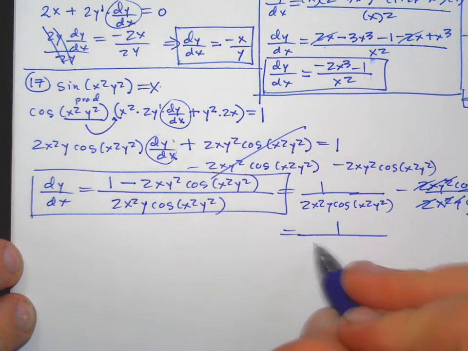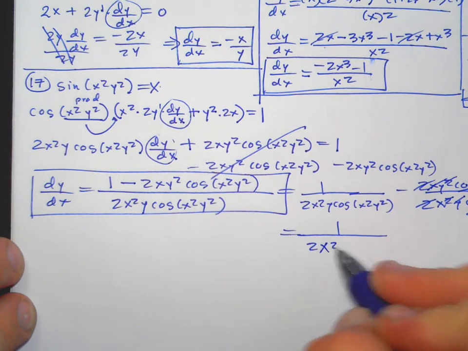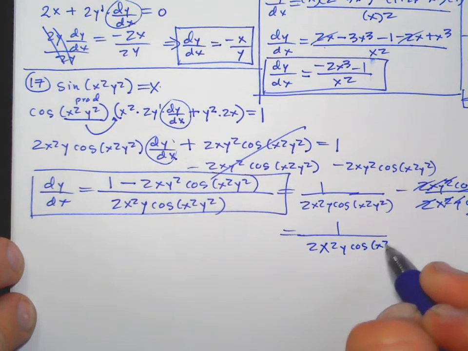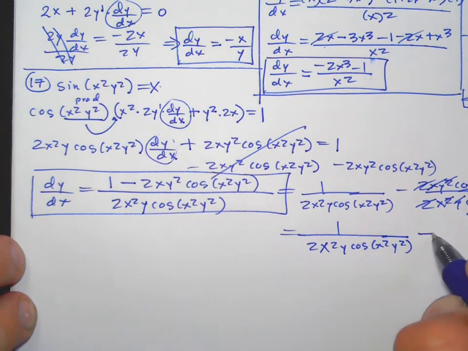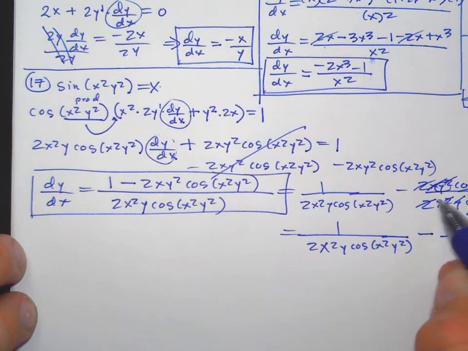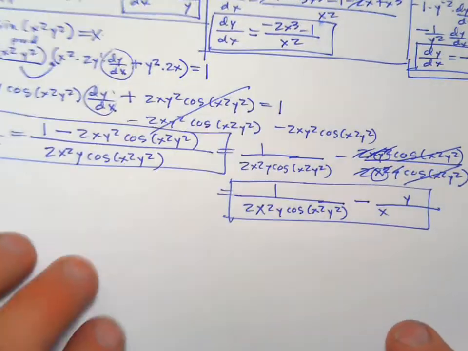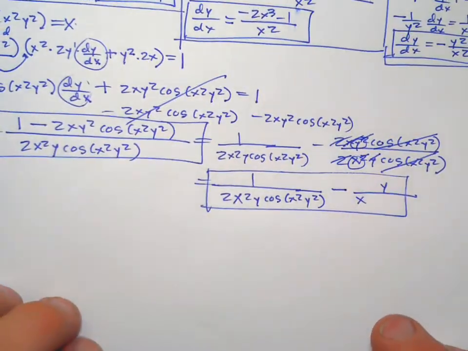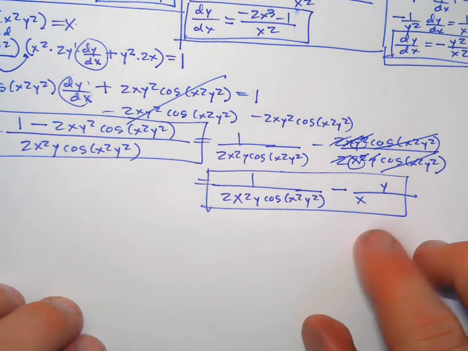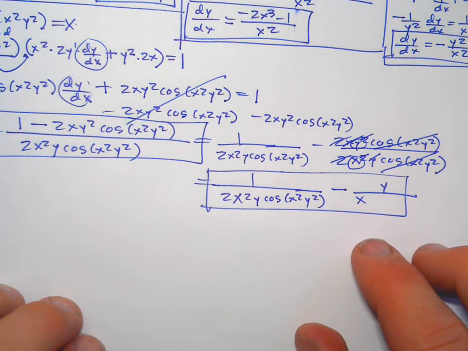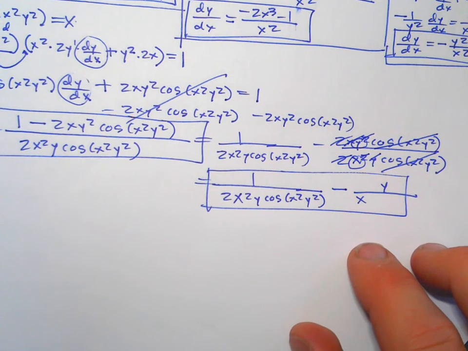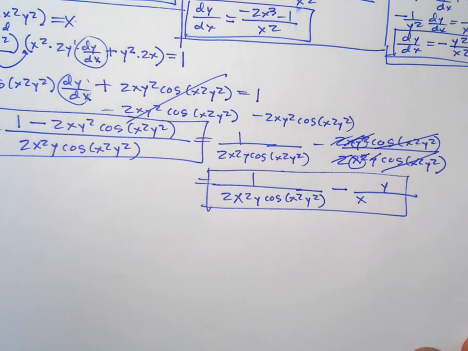And you can write the answer: 1 over 2x squared y cosine(x squared y squared), minus, what's left on the top? A y. What's left on the bottom? An x. Just y over x. So you could do that. If you solved the problem a little differently, you would have got this answer also. So it depends on how you did it. Anyways, that's it.